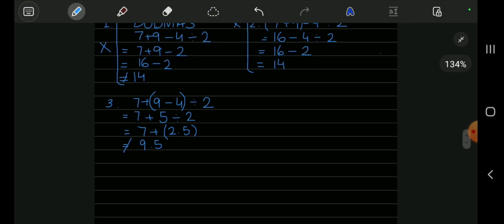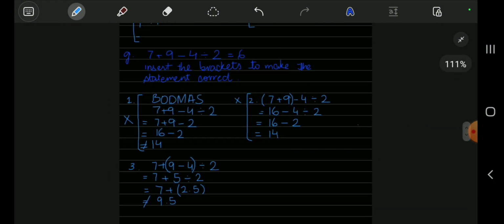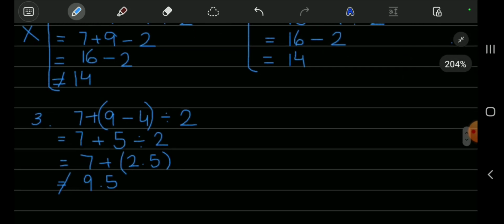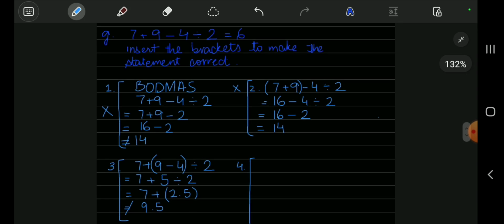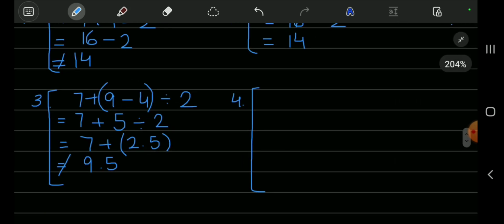Okay, now can we do multiple brackets? Let's try that as well. The fourth method was the multiple brackets. So it would be 7 plus 9 minus 4 divided by 2.